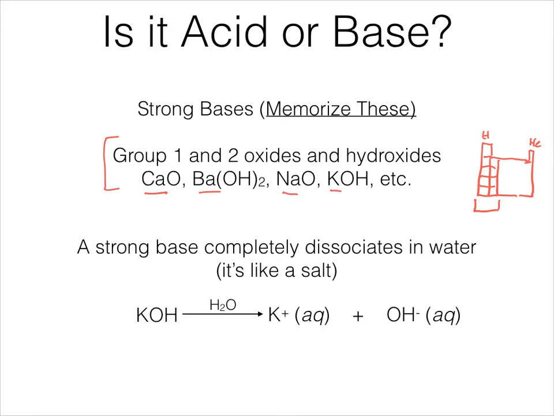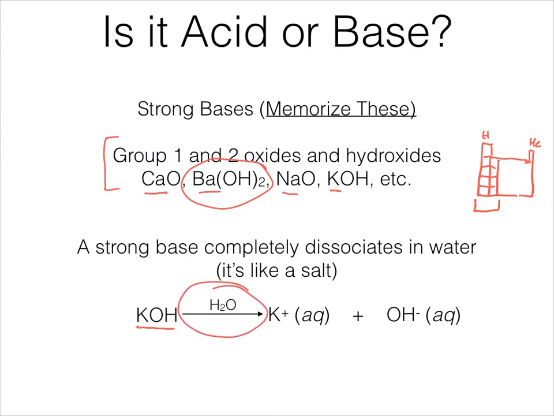Okay? And these can either be oxides or hydroxides. And so something like barium hydroxide, Ba(OH)2, is a strong base. And just like strong acids, things are strong bases because they dissociate completely. So the KOH, whenever I dissolve that in water, I get a one-way arrow.